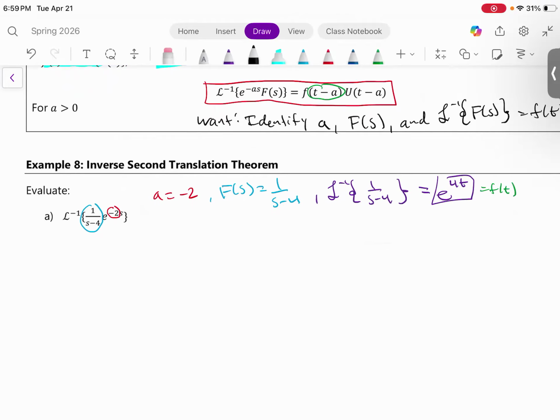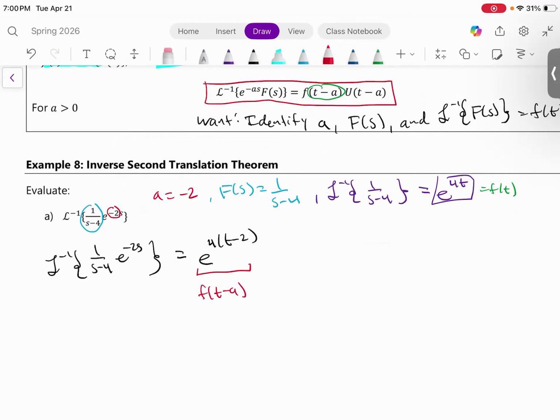When we put all these components together, what I end up with is e to the 4t, but remember, we are shifting 2 units to the right. So this would be e to the 4 times t minus 2, because this is what f of t minus a is.